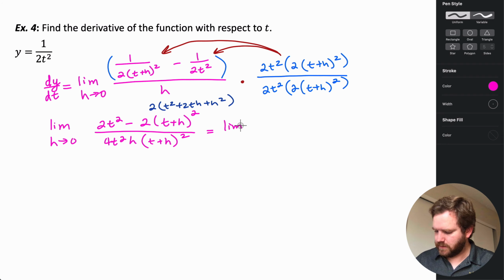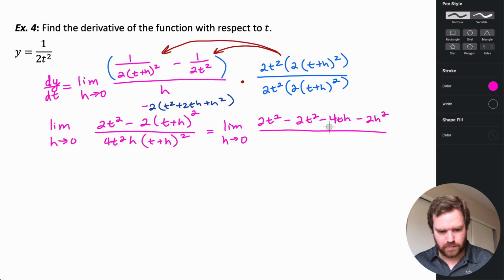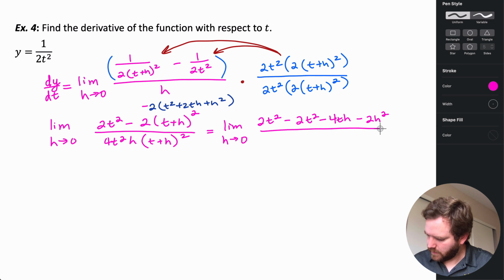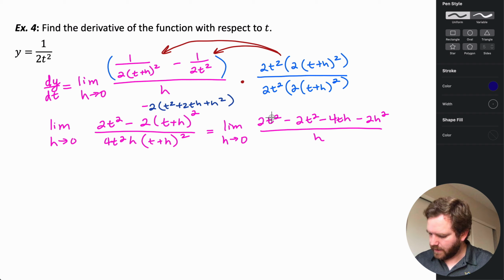So the limit as h approaches 0 of 2t squared minus 2t squared minus 4th, because this is a negative 2, right? Minus 2h squared, all divided by h. Okay, so what cancels? 2t squared and 2t squared cancel, and we're left with this.